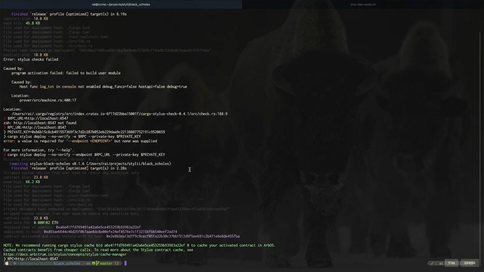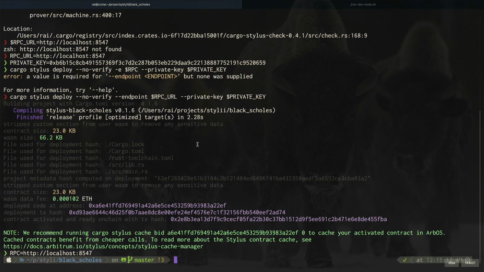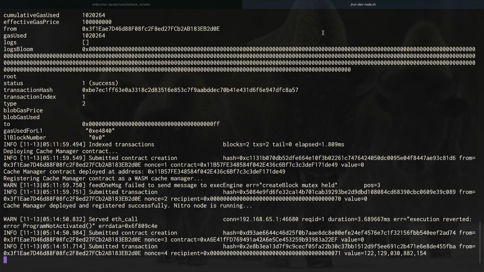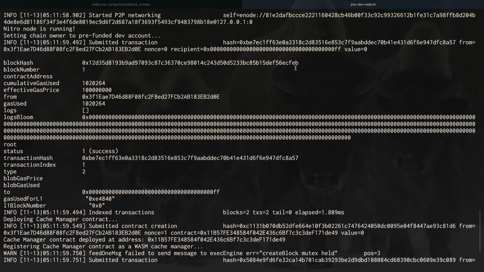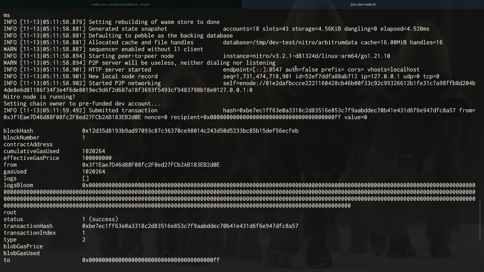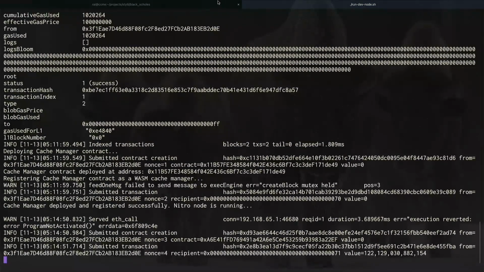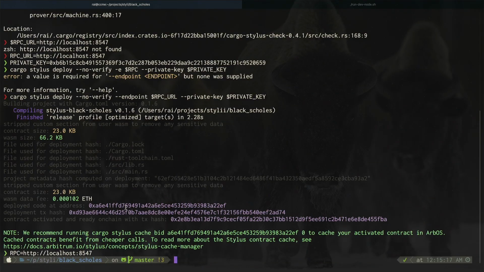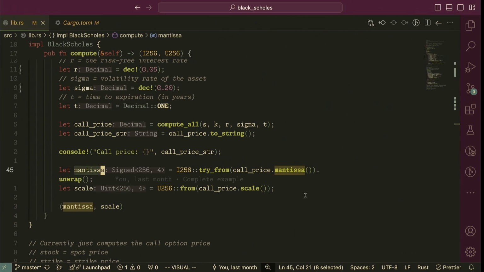So let's go ahead and zoom in, and I've already got a dev node running locally. So the contract has been deployed. I deployed it earlier. In fact, the contract was deployed at this address here. So we're just going to call that compute function.